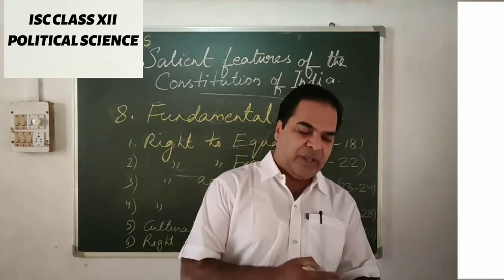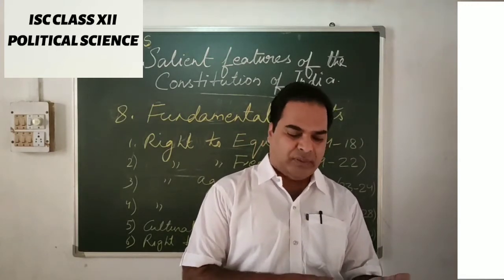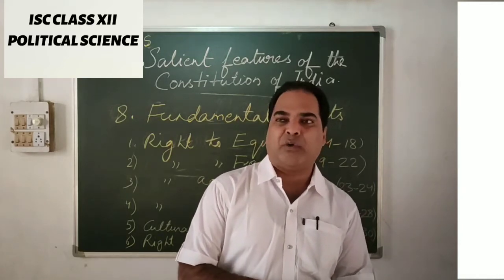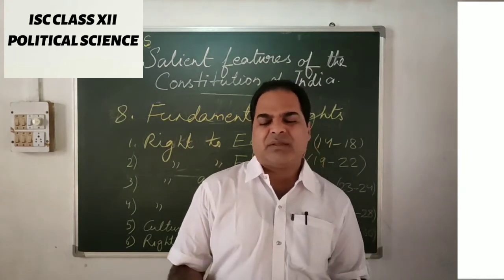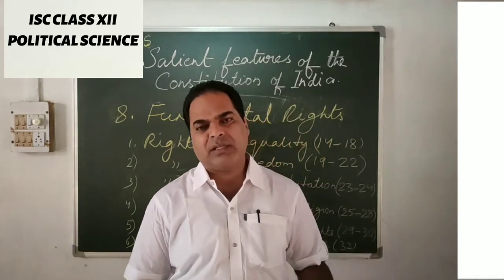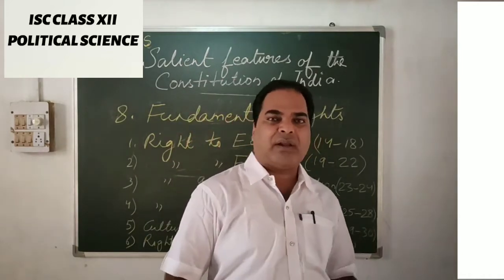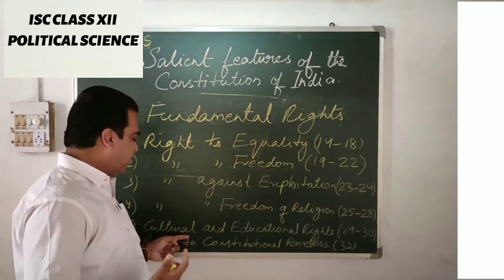Culture means the way of life, our food, song, the language which we speak, the religion which we follow, and the different dresses which we wear. So that is a part of our life. That is a culture which we have to preserve for our coming generation. So we have the right to preserve our culture.